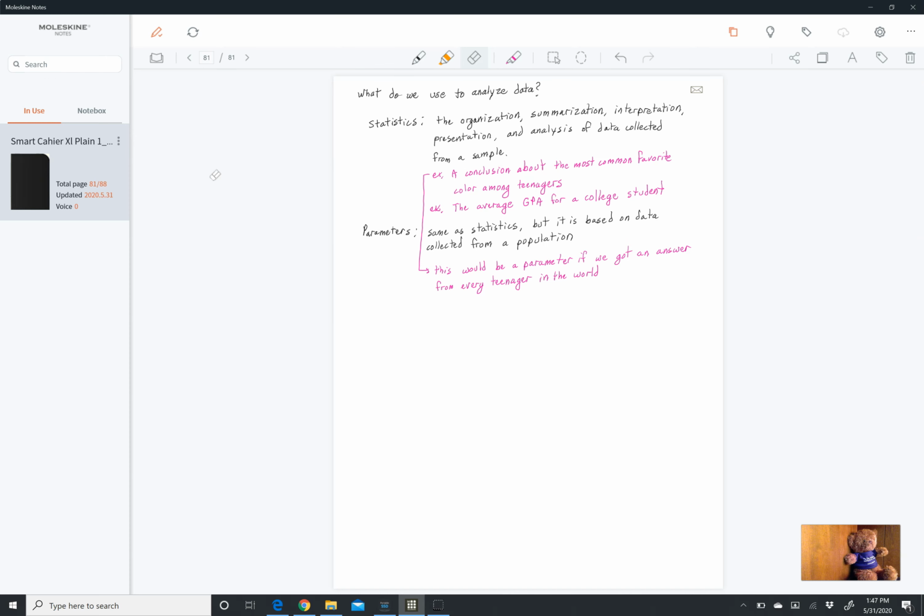We're not saying that every teenager has that favorite color. We're saying that that color is the most common among all the teenagers in the world versus just the teenagers that we asked. We're making that generalization based upon our sample. So that's the difference between statistics and parameters and the purpose of sample versus population. Okay, and that's it.